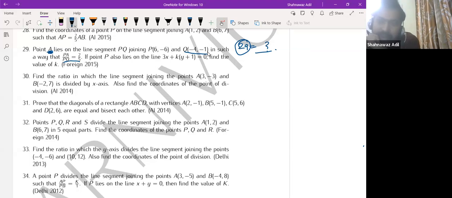If we want to find out K, then what would be the value of K? Tell me, guys. Carefully read the question. What point is lying on the line?